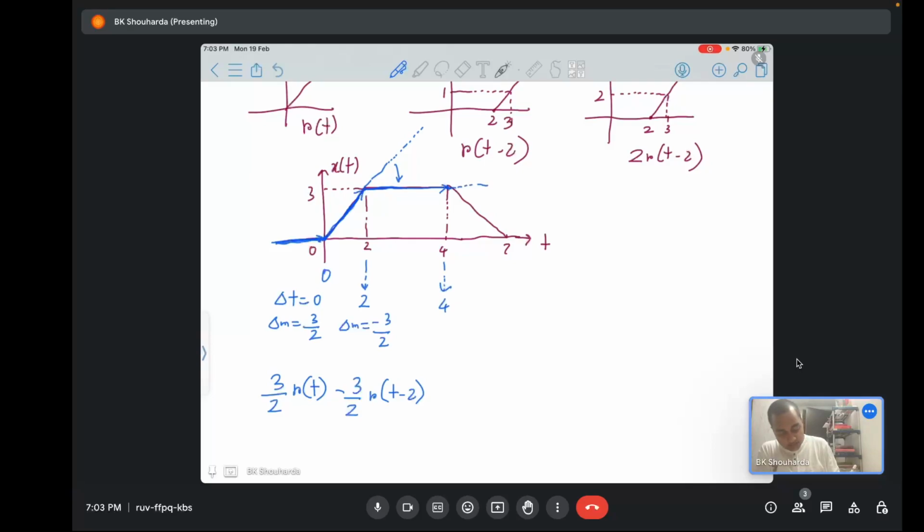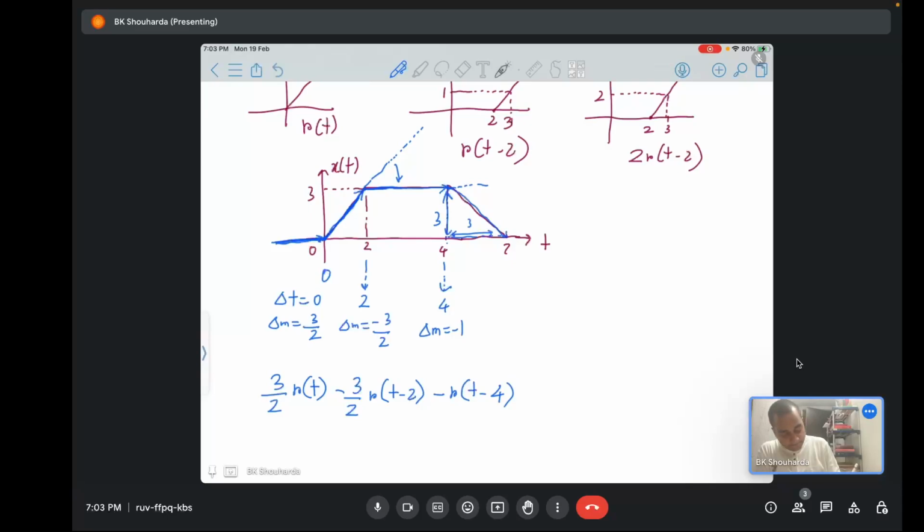The height is 3, and the base is 3, and it's in the downward direction, so the slope is minus 1. The change in slope turns out to be negative once again, so I'll write minus ramp at t located at 4, and I start going downwards.